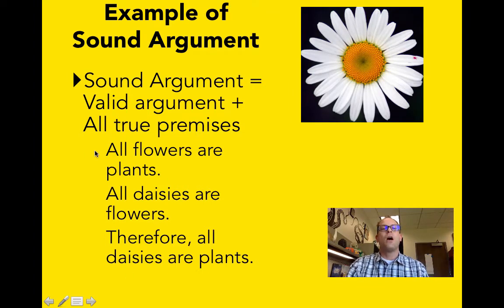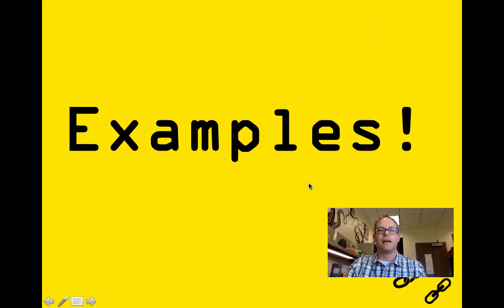So here we go. All flowers are plants. All daisies are flowers. Therefore, all daisies are plants. If you tell me that this premise is true and this premise is true, then 3 has to follow. So this argument is valid, and it just so happens that all flowers are plants is actually true, and all daisies are flowers is also actually true. So this is an example of a sound argument.